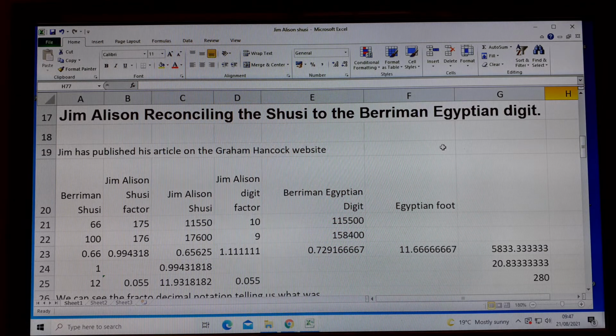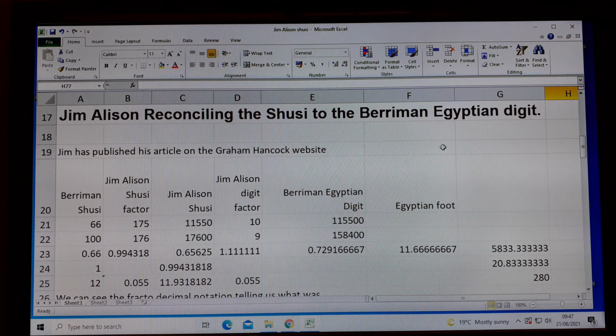So for example, the cubit multiplied by 1584 is the megalithic yard. This relationship is fixed regardless of the length of the cubit and the megalithic yard. So if somebody comes along and says the cubit is 20 inches, we multiply that by 1584 to get the megalithic yard.